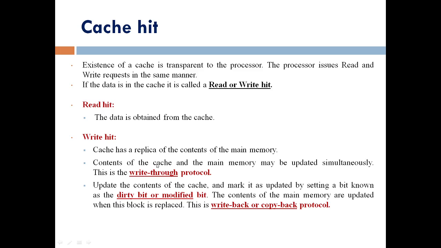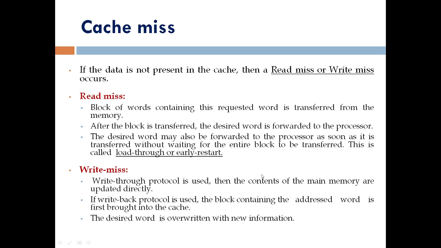It will take several clock cycles to update this data simultaneously in main memory. So it will degrade the overall processor performance. To overcome that, we can use a copy back protocol.